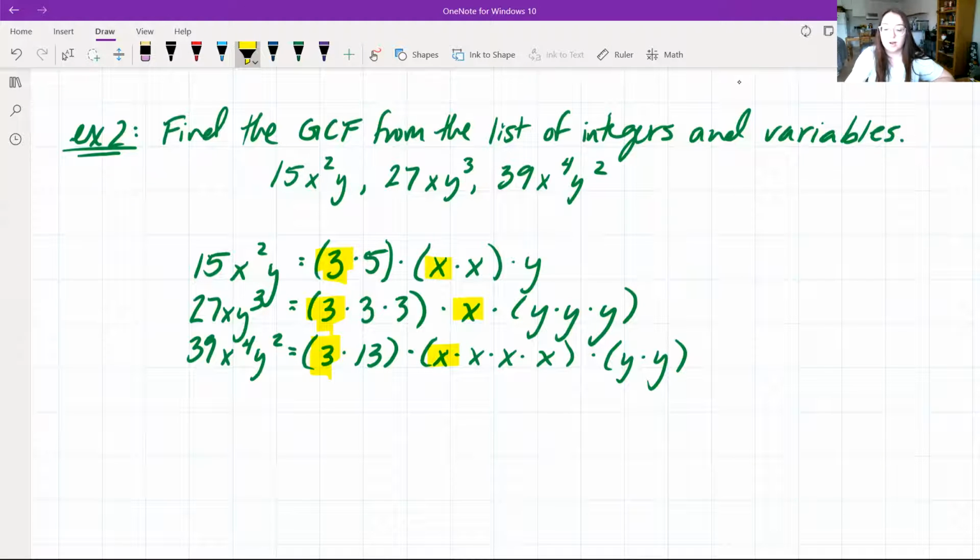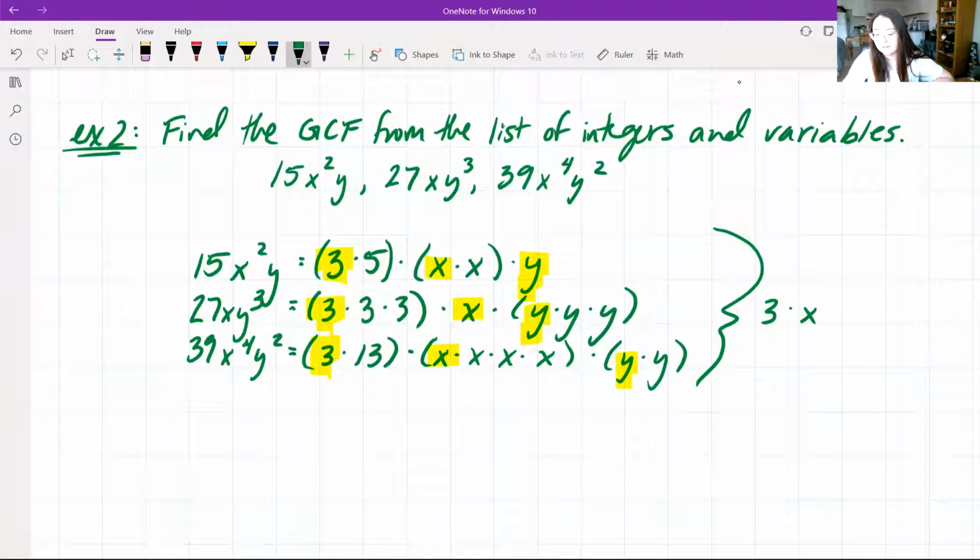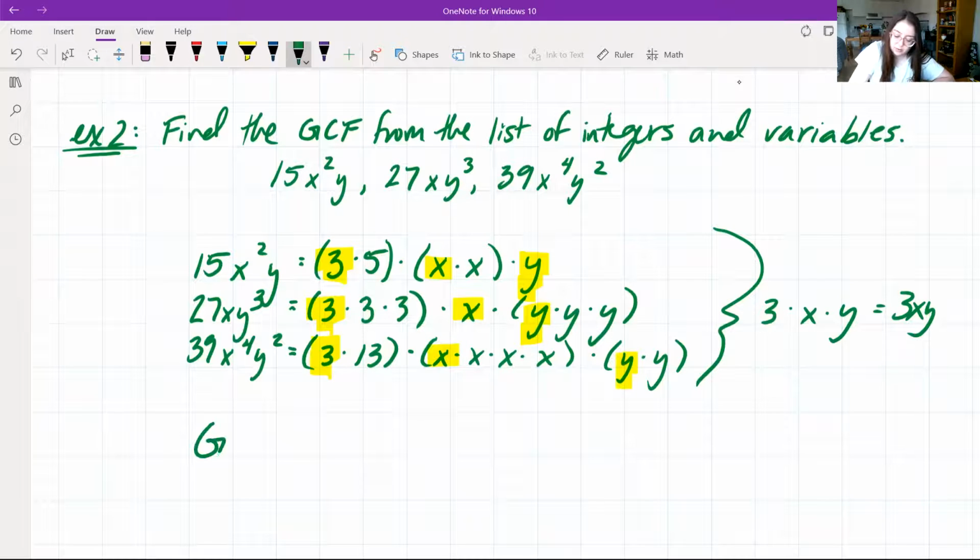Then on to y, we see that there's also at least one y in each one of our variable terms. So combining each one of these terms, we get 3 times x times y, which is just equal to 3xy. So our greatest common factor is 3xy.